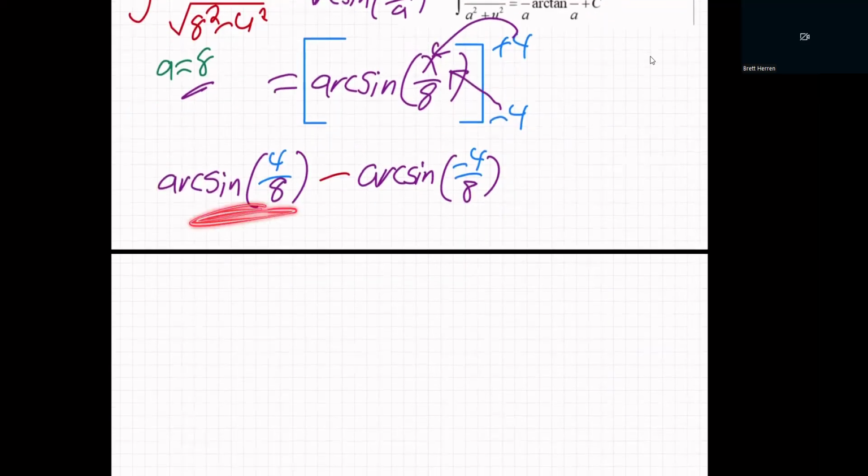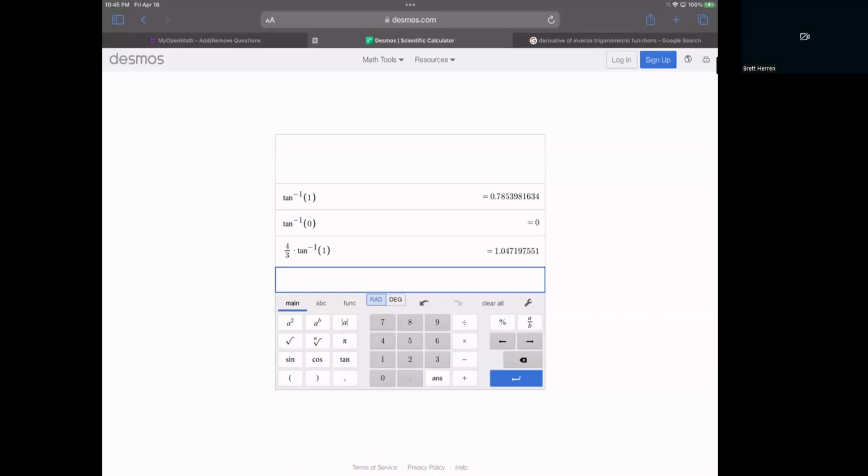Okay, so arc sine of 4 over 8. Let's just type this whole thing into our calculator, Desmos.